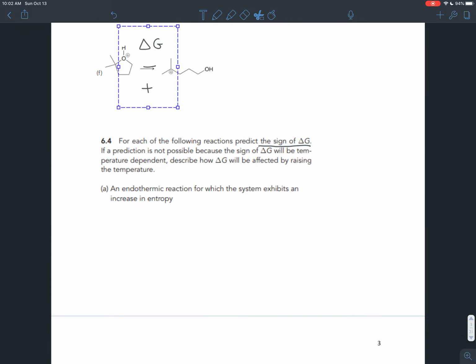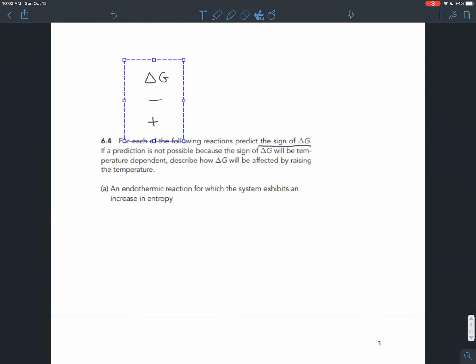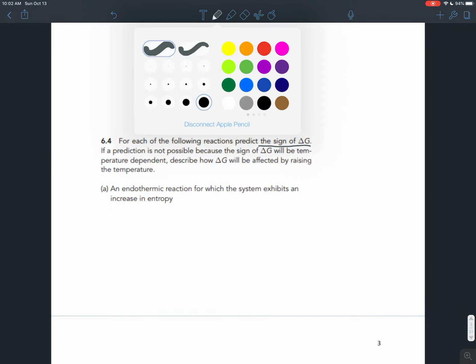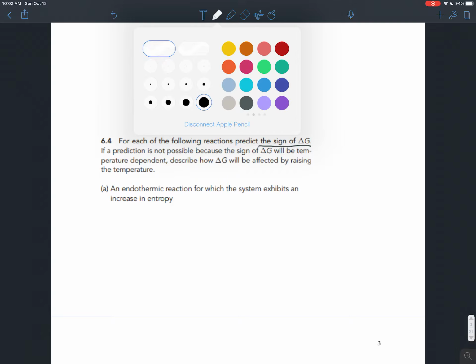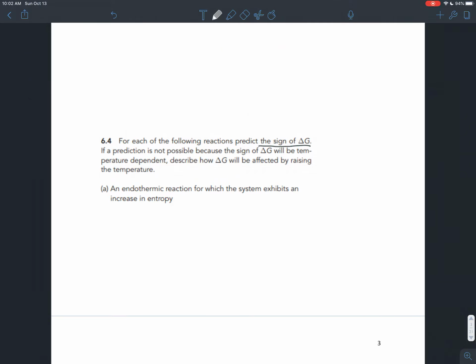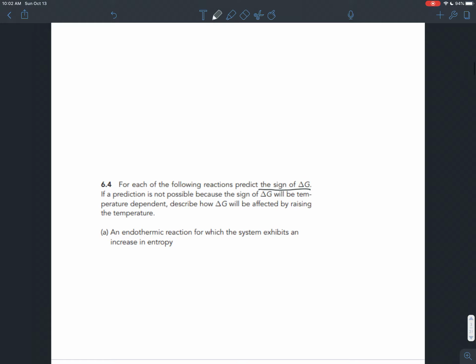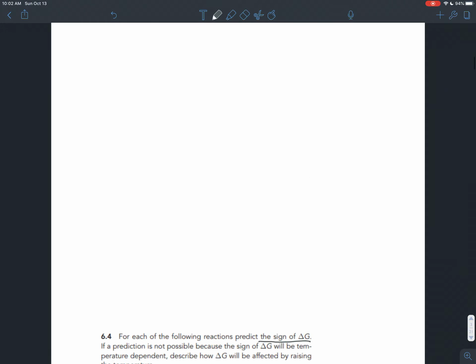Now, when you try to figure out whether a reaction is likely to happen, you want to frame the question in terms of the Gibbs free energy equation that you learned in general chemistry too. We know if delta G is negative, the reaction is likely to happen, and if it's positive, it'll be unlikely to happen. But what does delta G depend on?